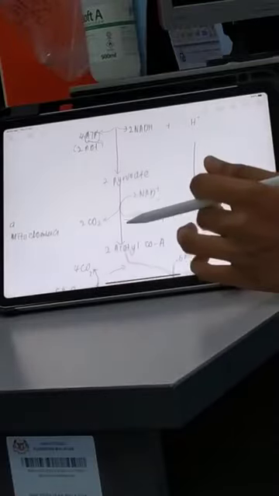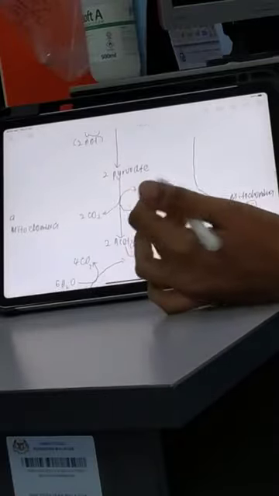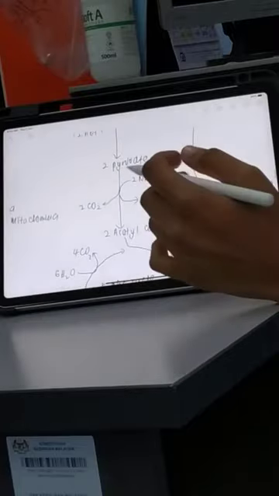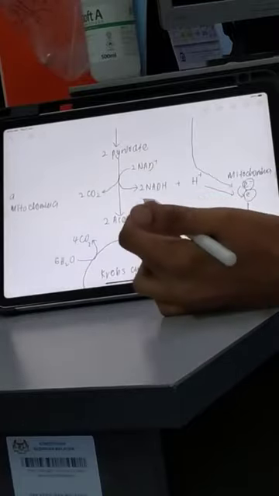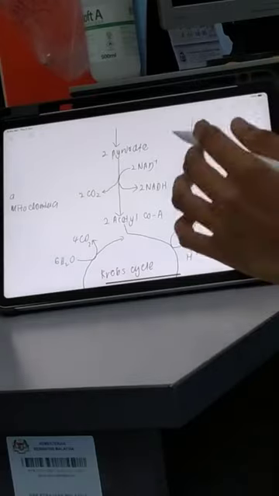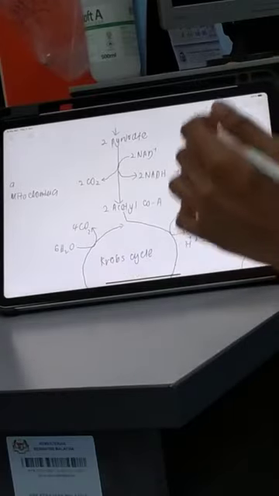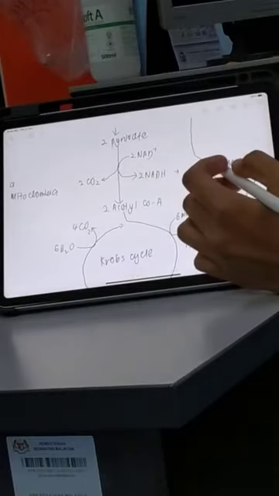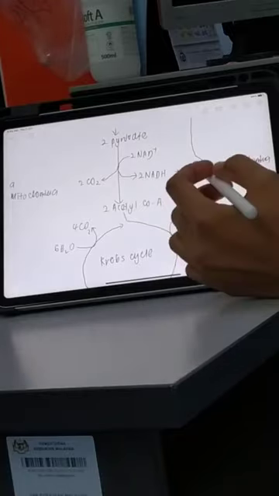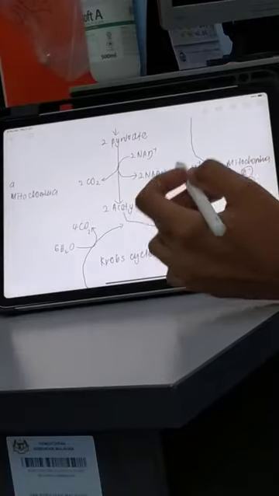So all this hydrogen ion will be released and go to the mitochondrial matrix. Through that, they will change to electrons.